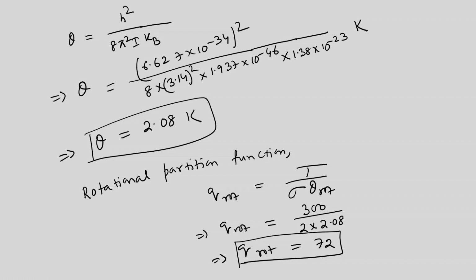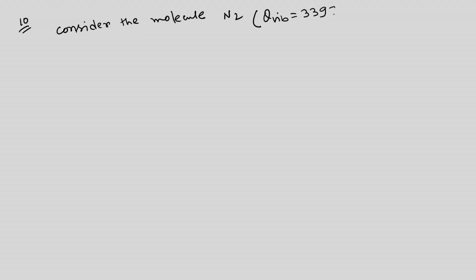Next, we discuss one problem based on vibrational partition function. Consider the molecule N2 for which theta vibrational is 3397 Kelvin.